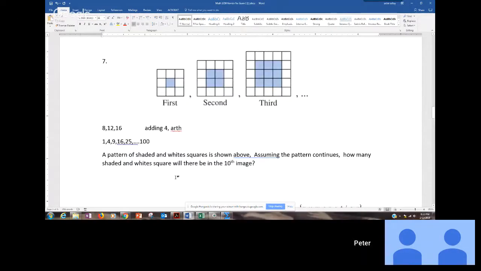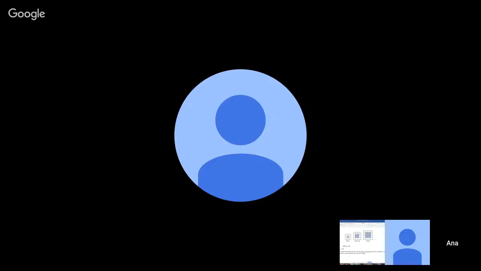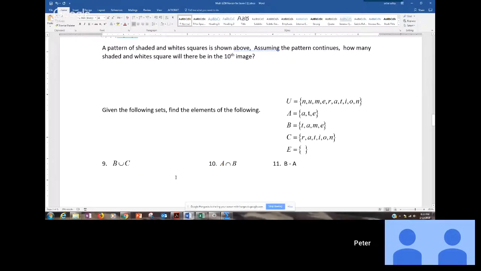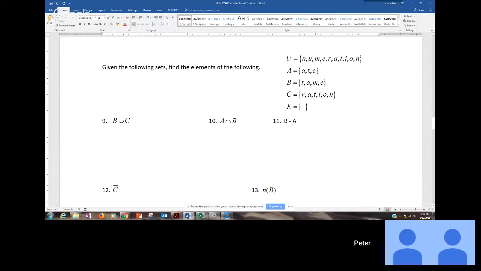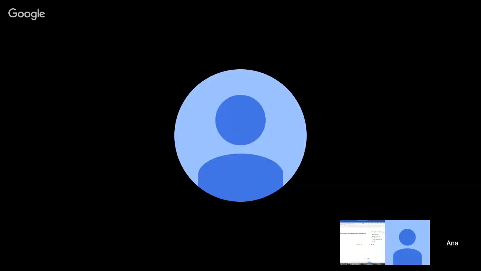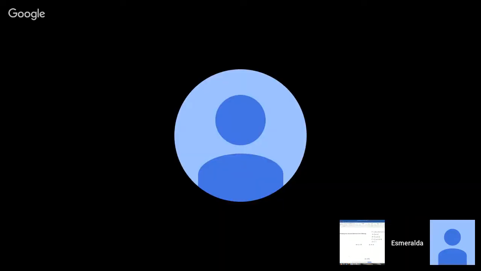All right, you want to jump down to sets? What do you want to talk about here? For me, it's confusing when they give you a picture and they ask you to draw the diagram, or they give you a diagram and they ask for the set for this.